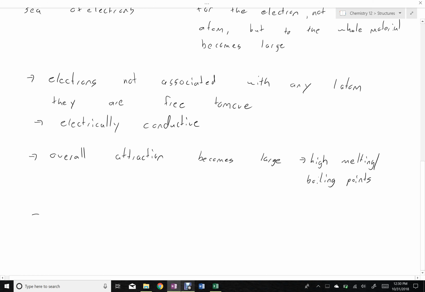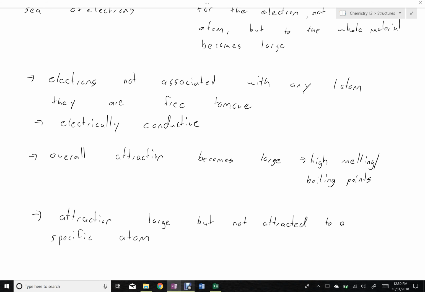Finally, again, because these attractions are large, but they're not to a specific atom, we end up with the situation where these materials are hard, but at the same time can be shaped without breaking.